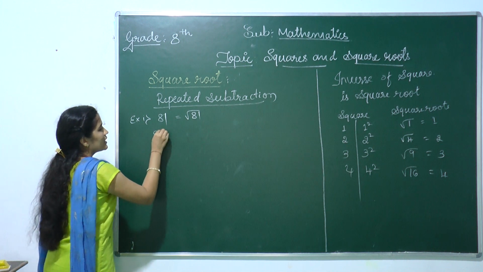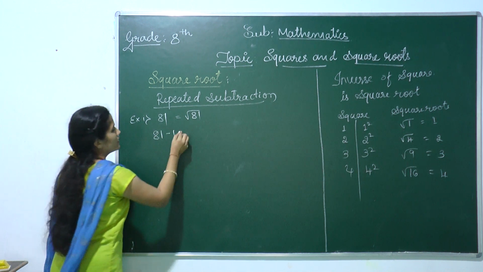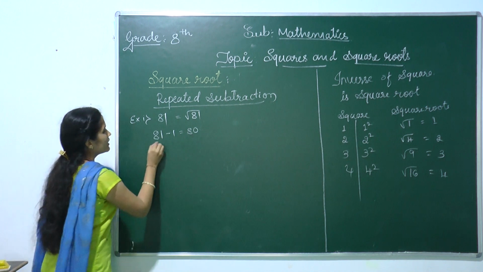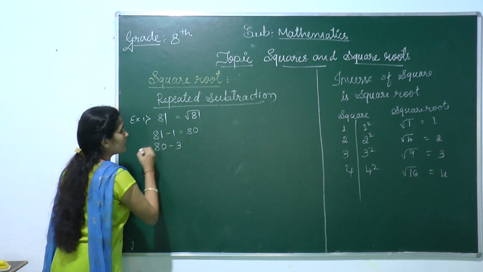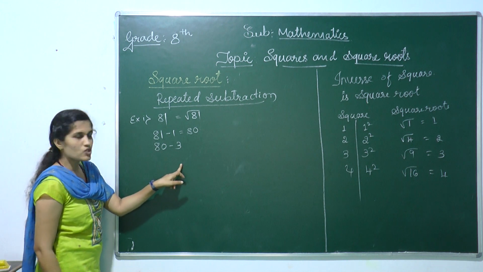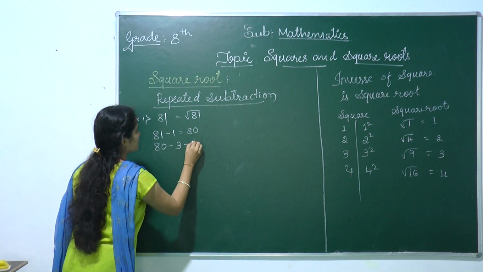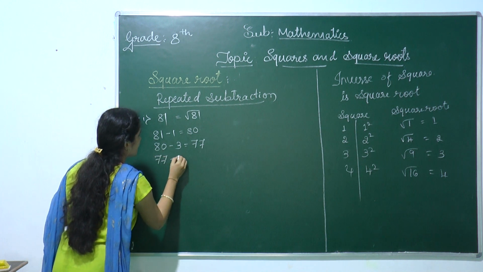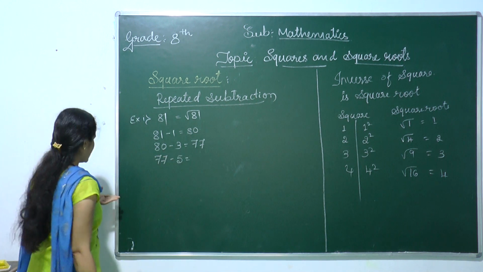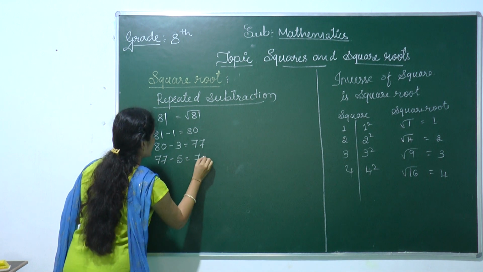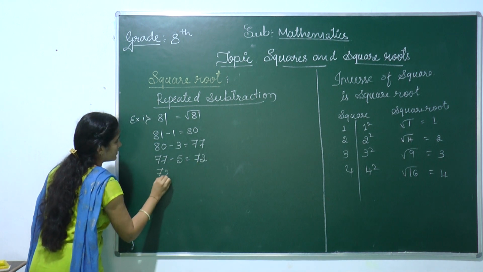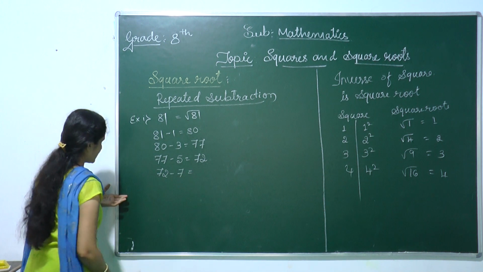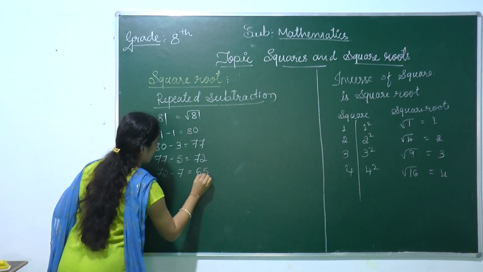You see here, 81 minus 1 is equal to 80. Again we should take the answer: 80 minus 3, since after 1, 3 is the next odd number, that is 77. Next, 77 minus 5 is equal to 72. Again 72 minus 7 is equal to 65.